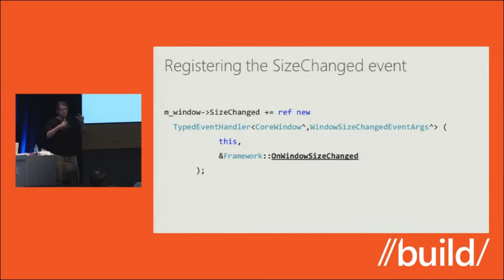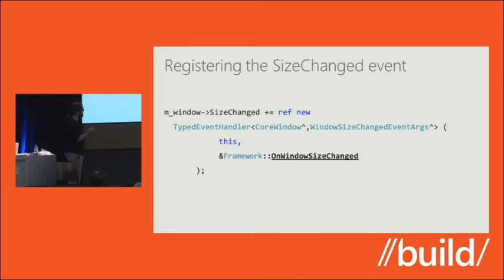What I mean by parameters is, look inside those two angle brackets. There's a core window WinRT pointer, and then the window size changed event args pointer. When this size changed event happens, this method is going to be called, and the method that you write needs to have the same parameters that are in the templated arguments.